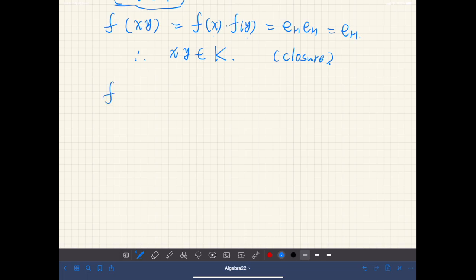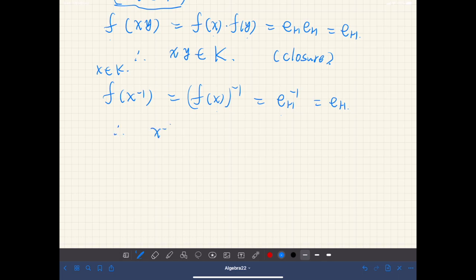So f(x inverse) is f(x) inverse, but f(x) is E_H, the identity element of H. Of course, we are assuming x is an element of K. But the inverse of the identity element E_H is E_H, of course.